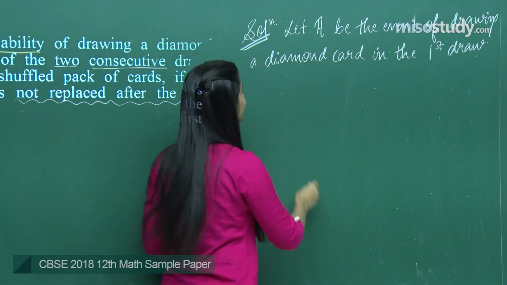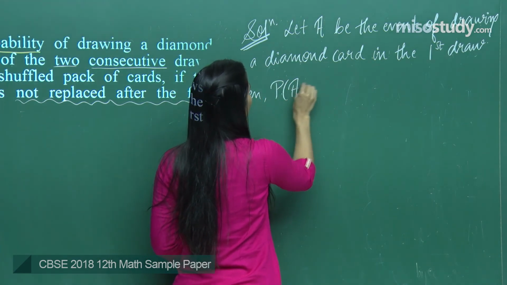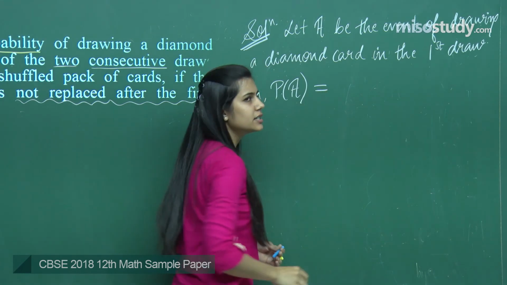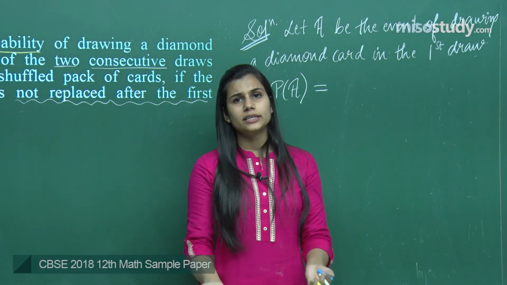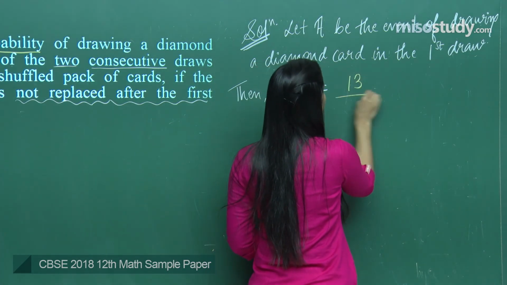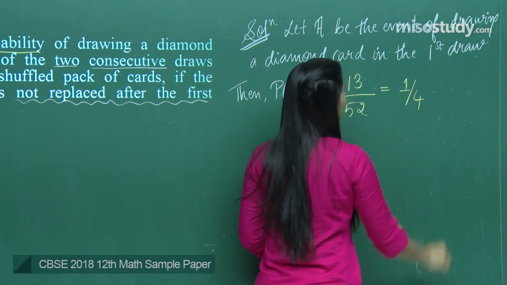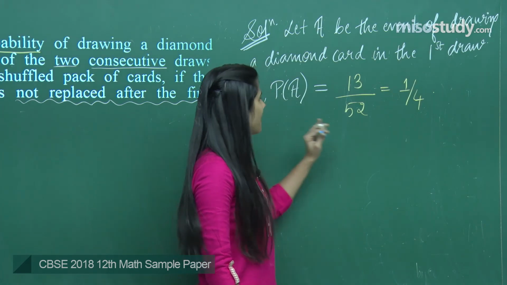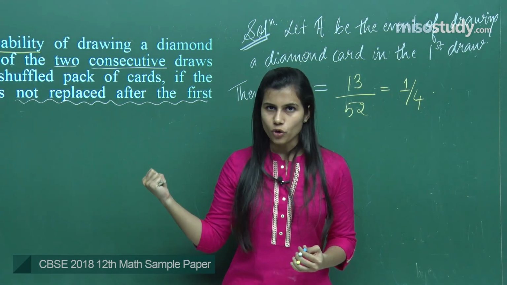Then, what is the probability of drawing a diamond card in the first draw? Well, this is very easy. You have 52 cards, out of them 13 are diamonds. So the probability is favorable outcomes upon total outcomes, which is 1 by 4. And that happens to be the probability of drawing a diamond card in the first draw.